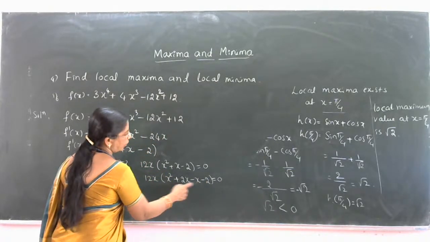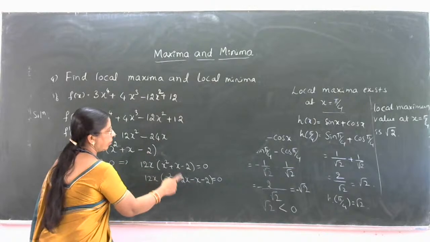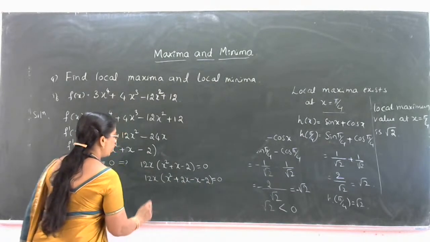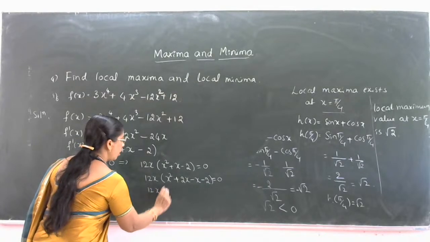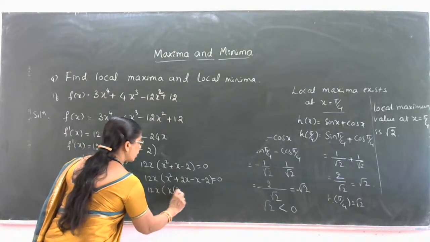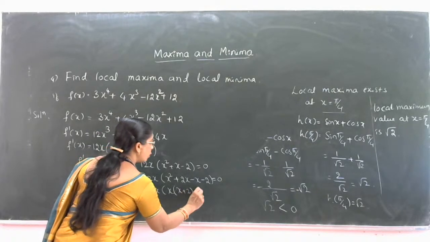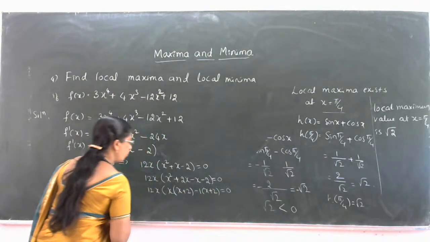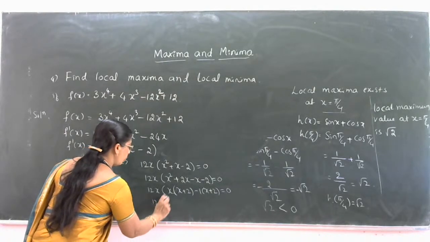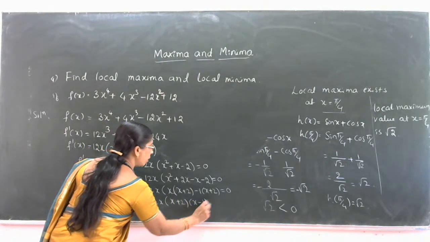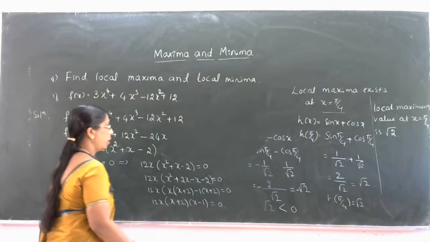Two into minus 1 is minus 2, and 2 minus 1 is x. Therefore 12x, taking x plus 2 common, into x plus 2 times x minus 1, is equal to 0.